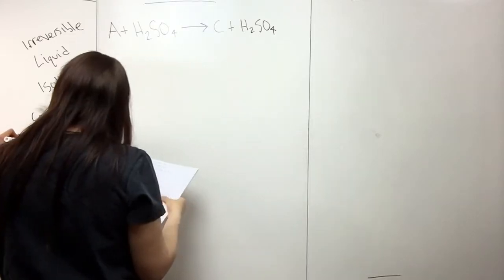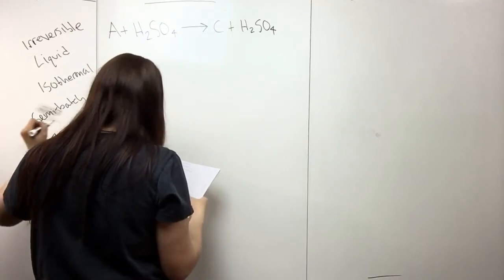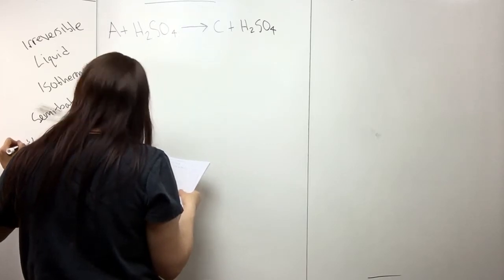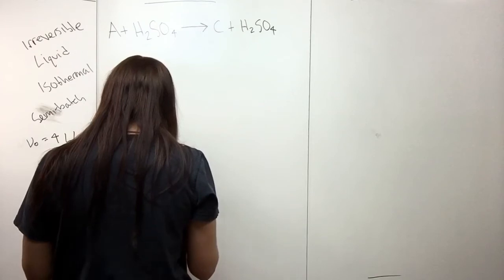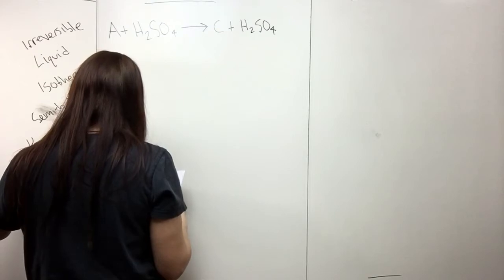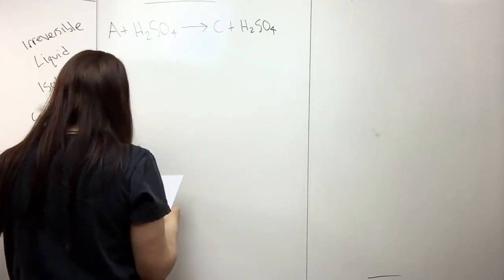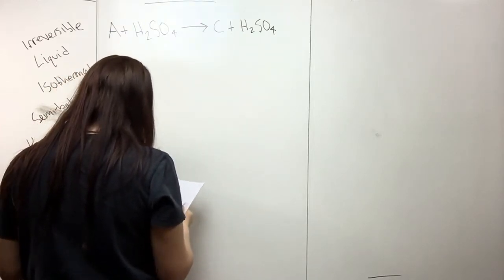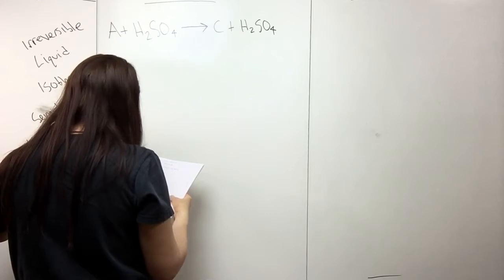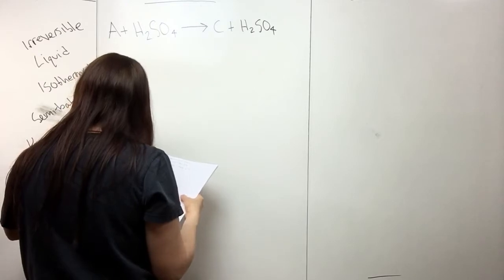So we know that V naught is equal to 4 liters per minute of H2SO4, and then C B naught is equal to 4 moles per liter.